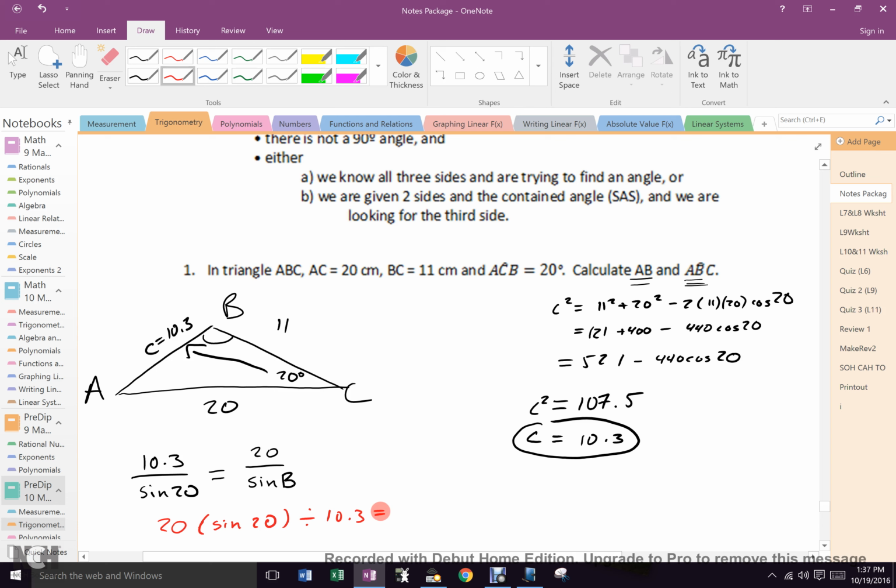Now, is it possible for you to teach yourself how to do this all in one go, including the shift sine, on your calculator? Yes, you can teach yourself to do that. Why am I not going to show you that? Because everyone's got a different calculator, and this isn't calculator 101, is it? You're going to have to figure that out if you want to go that one step further and get it all in one try.